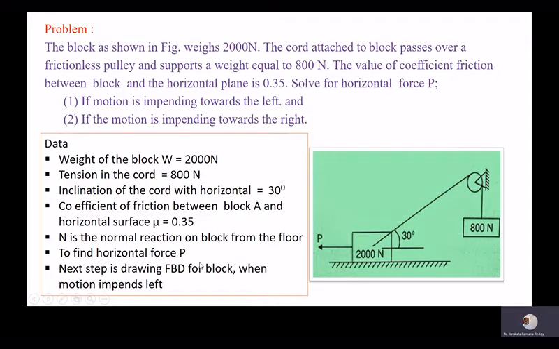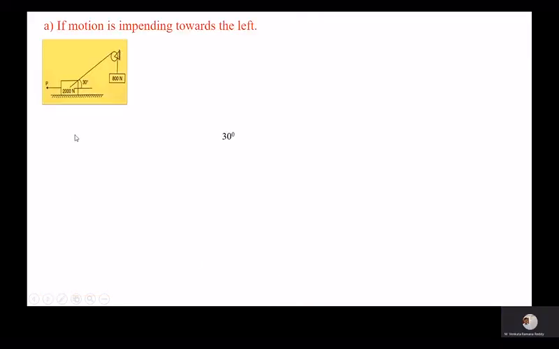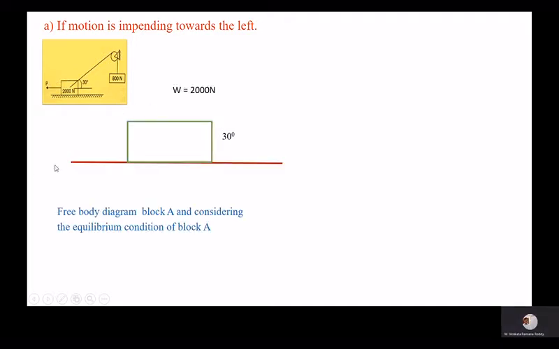For that we have to draw the free body diagram for the 2000 newton block when the motion impends towards left. The weight always acts vertically, perpendicular to the ground, and the normal reaction N acts perpendicular to the surface.